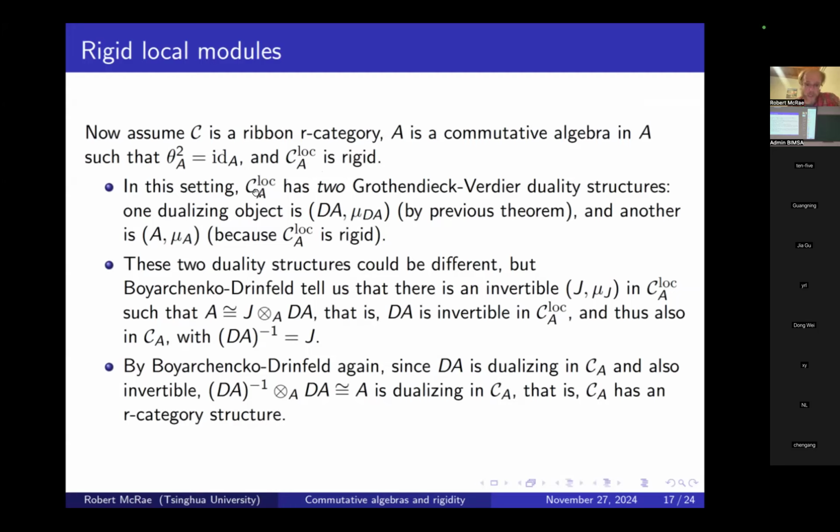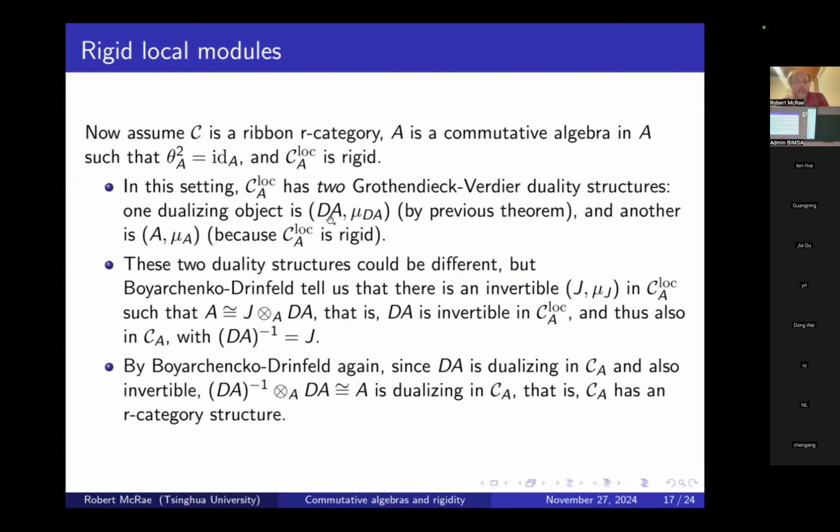What I want to point out here is that this means that CA loc has two Grothendieck-Verdier duality structures. One of them comes from the Grothendieck-Verdier duality structure on C, just as in the previous theorem. And the other one is the rigidity structure, because we're assuming this is rigid, and rigid categories are Grothendieck-Verdier categories as well. So we have potentially two different dualizing objects.